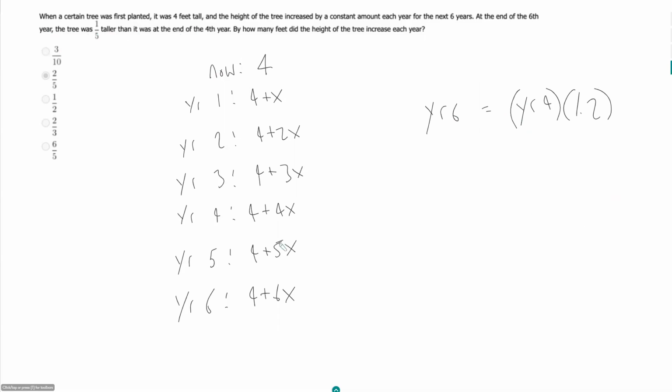That means if we plug in our expressions, 4 plus 6x is equal to 4 plus 4x times 1.2, which is 1 1/5, which is 6/5.